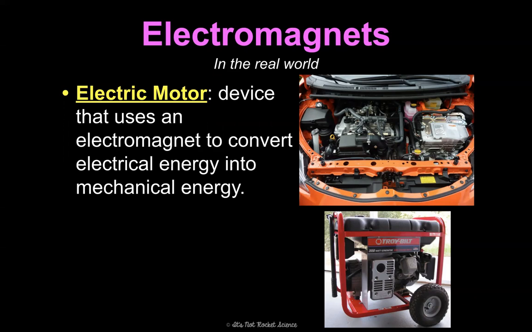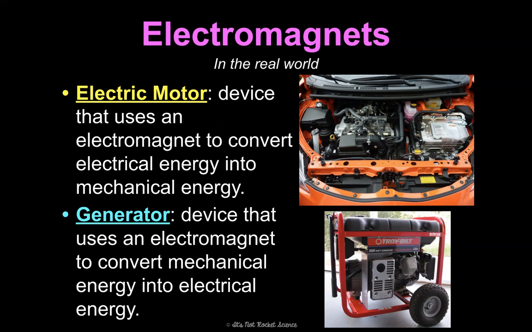Okay, that causes some electrical energy and it turns into mechanical energy, the parts moving and then the car moving. A generator, on the other hand, is a device that uses an electromagnet to convert mechanical energy into electrical energy. It does the exact opposite thing. The moving parts create energy that you can plug something into.